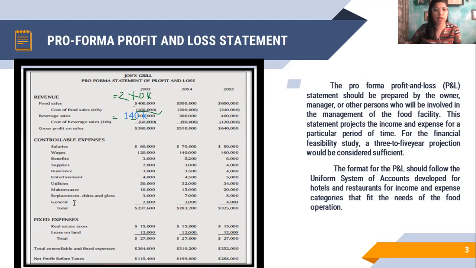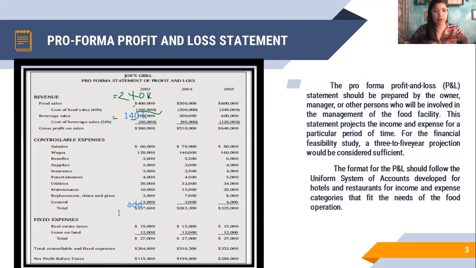And then for the general, you also need to include that. Then you just total. Add all of the factors under the controllable expenses.